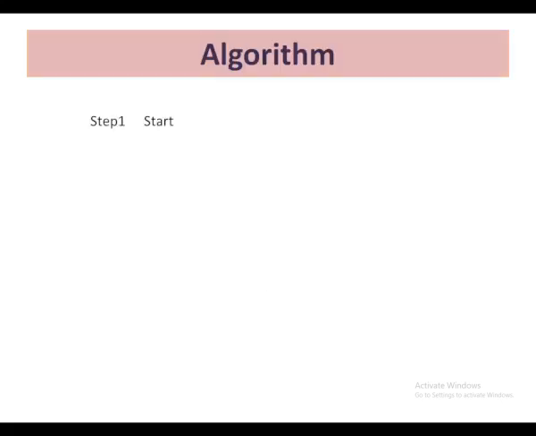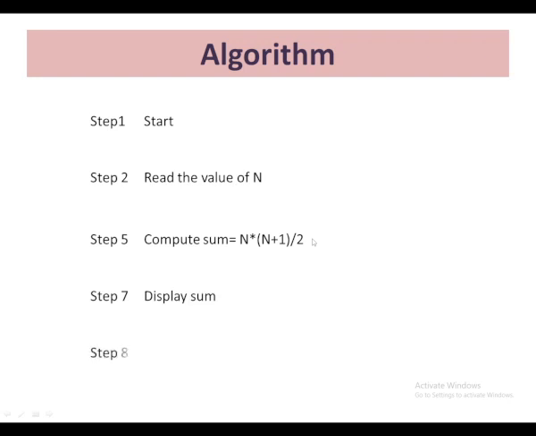So if I use this formula, what are the changes in the algorithm? I need to read the value of n, then simply compute sum is equal to n into n plus 1 divided by 2, that's all. I will display the sum and then I will stop. So the other in-between steps will vanish.